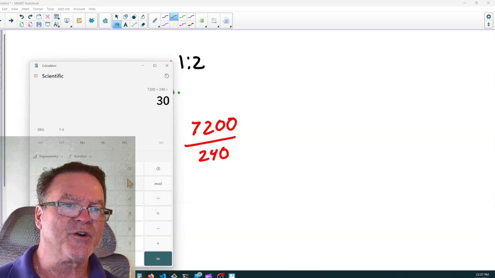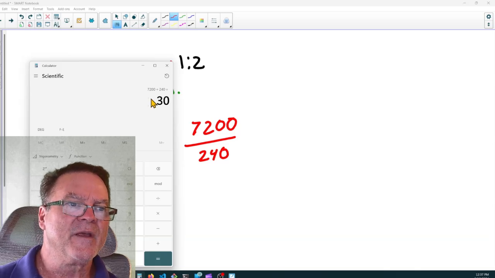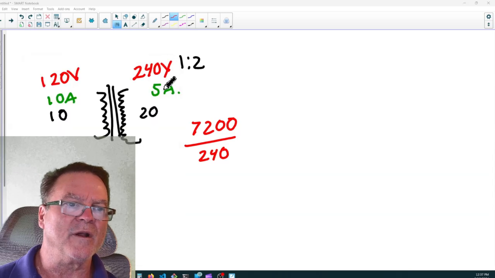There are 30 turns in the primary for every 1 turn in the secondary. 30 to 1.